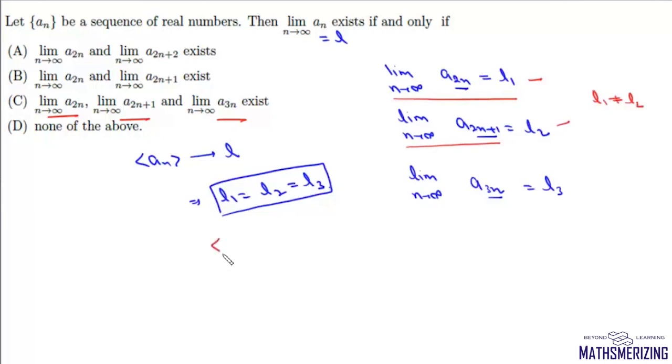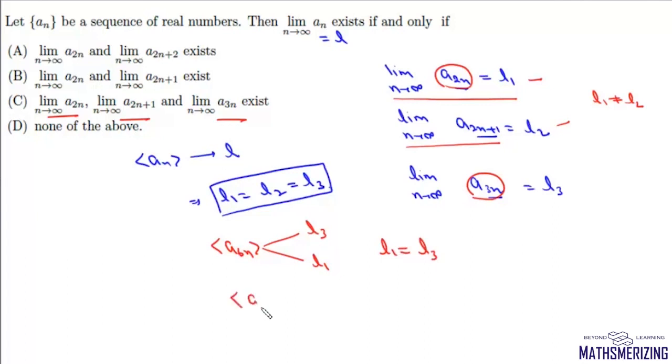Now if we consider the sequence a6n, then a6n is a subsequence of a3n, that means it should converge to L3, and a6n is also a subsequence of a2n, that means it should converge to L1. So from here we get the condition that L1 must be equal to L3.